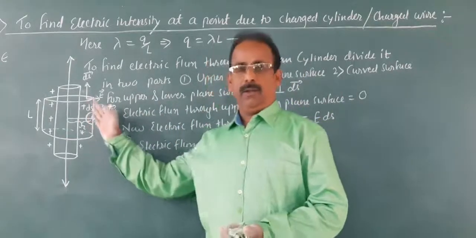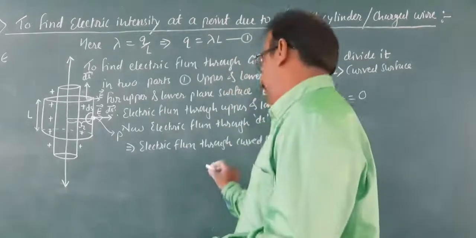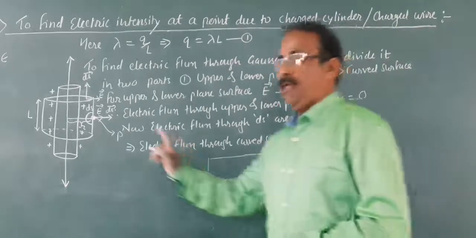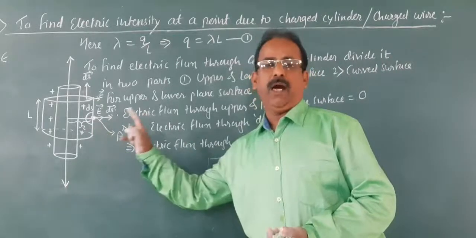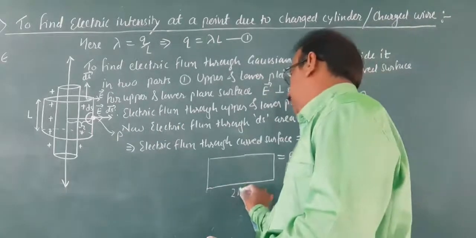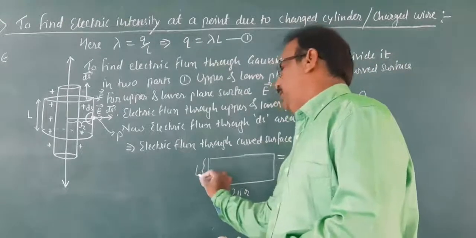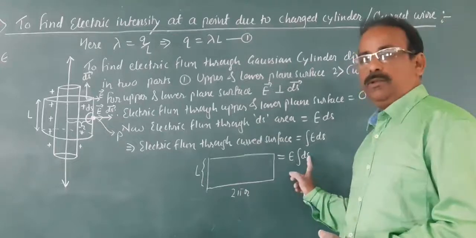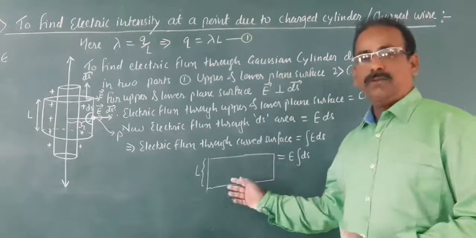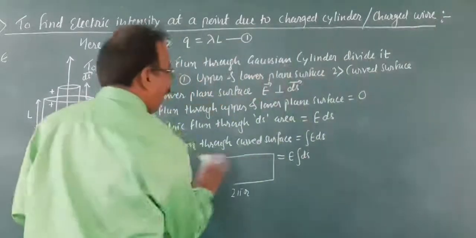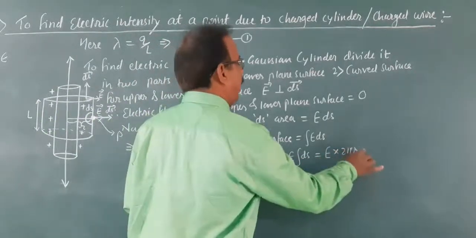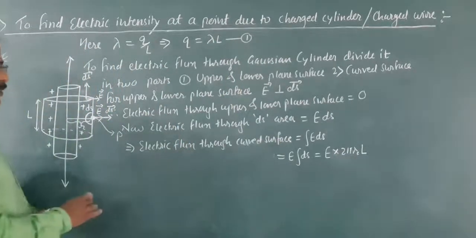If we cut this curved surface here and open it, we get a rectangle whose length is equal to the circumference of that cylinder and whose width is L. The integration of ds comes equal to the area of this rectangle, which is 2 pi r into L. This is the electric flux through the curved surface.